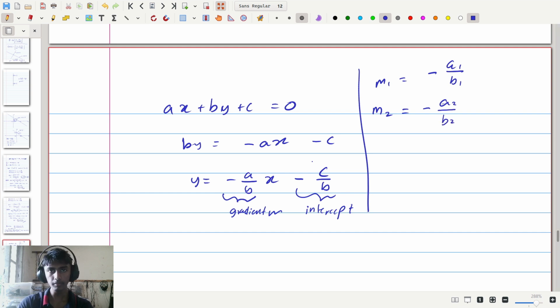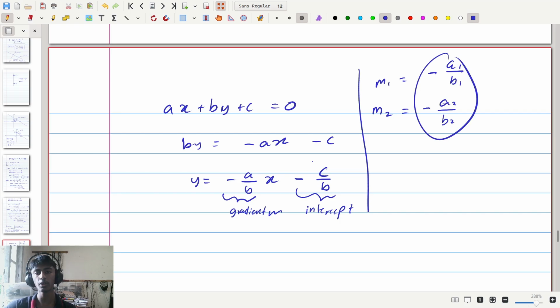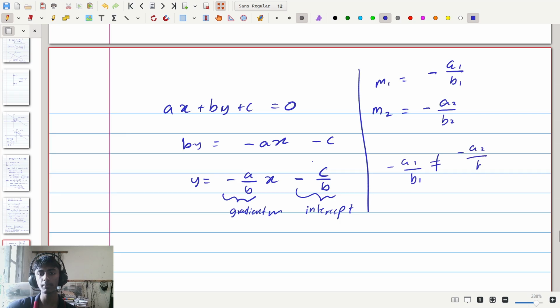Now then, the condition for the intersection to exist is that these two gradients should not be equal. So if these two gradients are not equal, we have negative a1 divided by b1 not equal to negative a2 divided by b2, and this means that the equality is negated. So if we consider instead the equal case and then negate it finally, we can cancel the two minus signs.